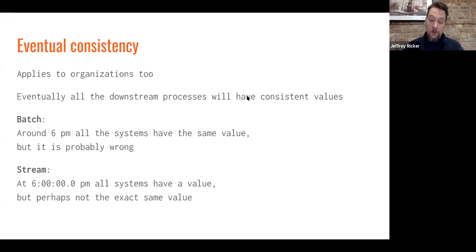Now, some customers have a real problem with this because they're so trapped in the false security of consistency. They don't want to accept that what they're calling consistent may be consistent, but it's incorrect.